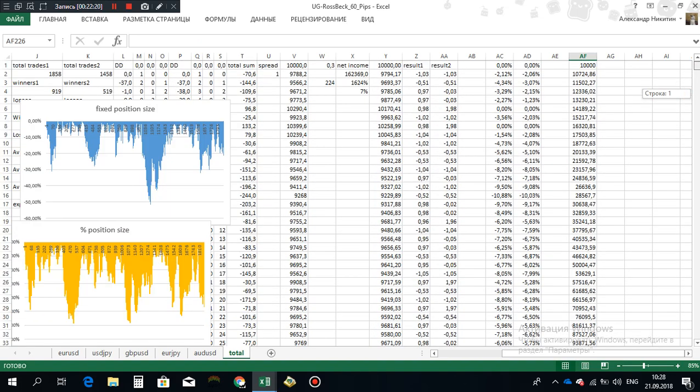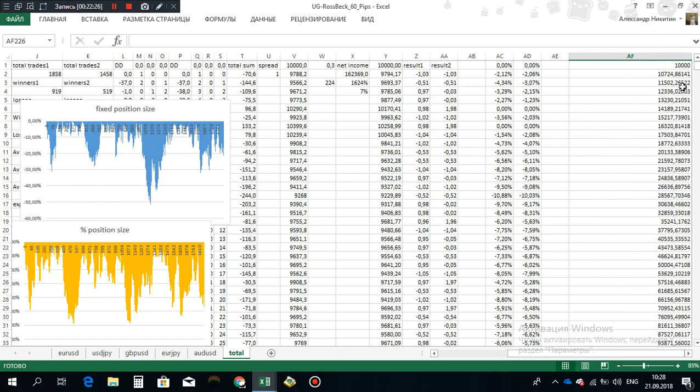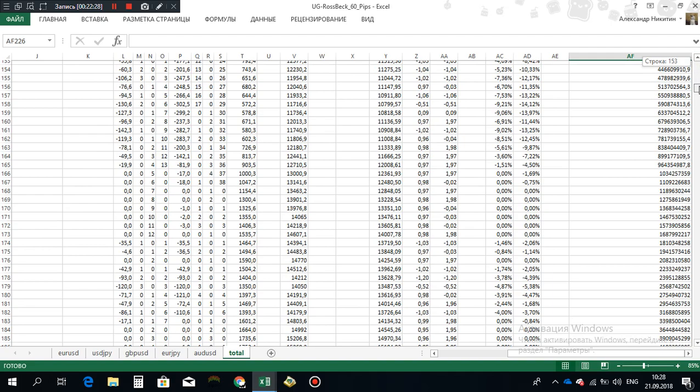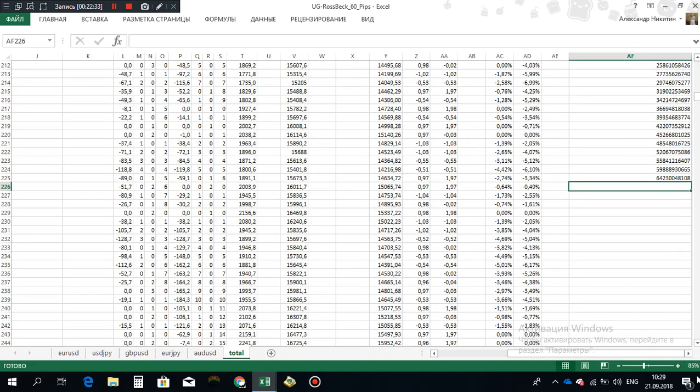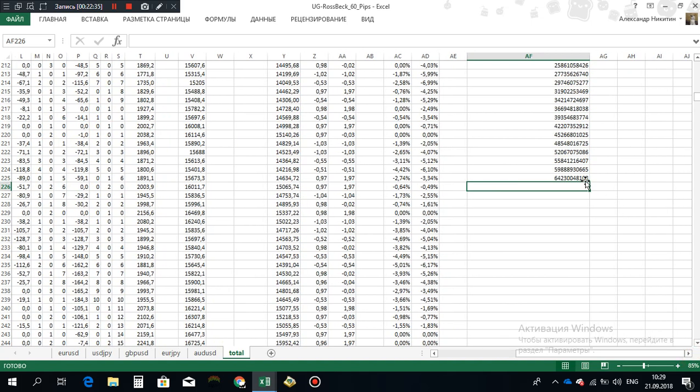Okay, so you see, Excel cannot even calculate that. It gives numbers that are so huge. So they are 1, 2, 3, it is a million, 1, 2, 3, it is a billion, and it is 64 trillion.